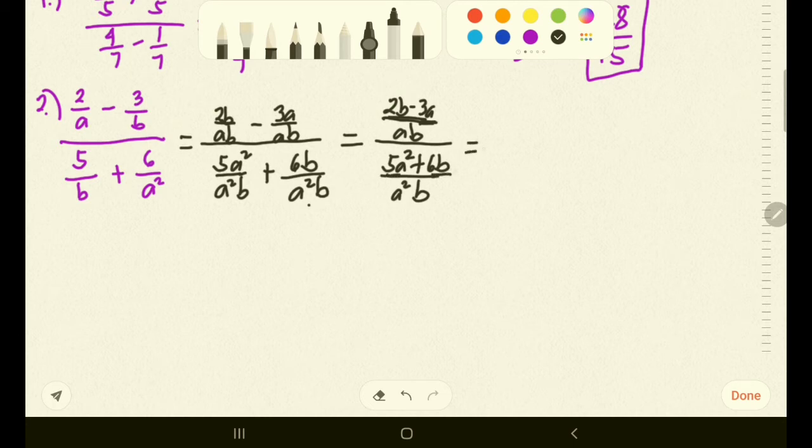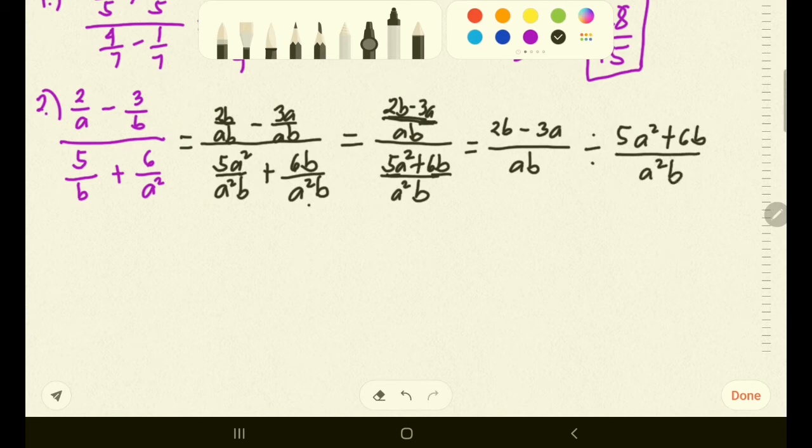And then express it into division form. So this becomes 2b minus 3a over ab, divided by 5a squared plus 6b over a squared b.